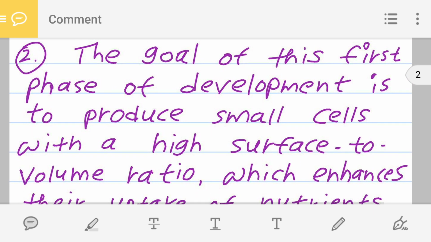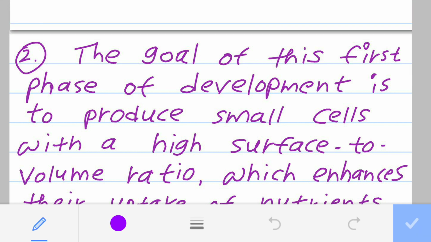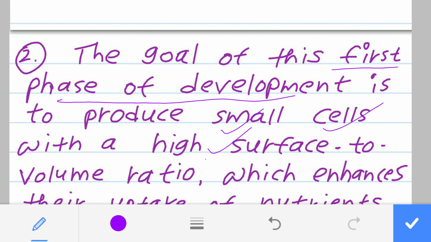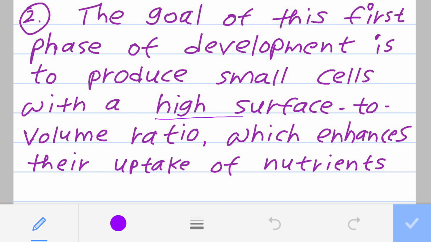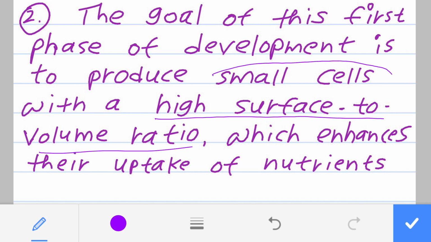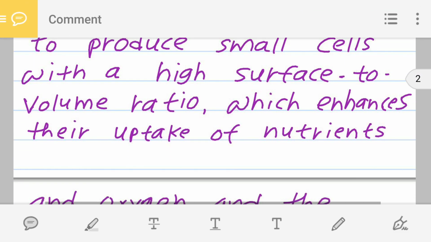Now, what is the goal? What is the purpose of cleavage? Cleavage is the first phase of development, and due to the cleavage, a large number of small cells are produced. Okay, and these cells have a high surface to volume ratio. So the cells are small in size, and this small size is helpful.